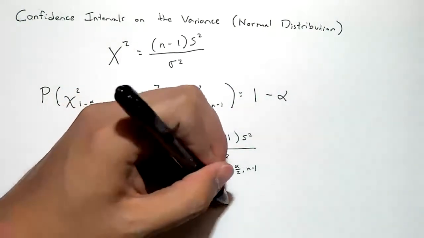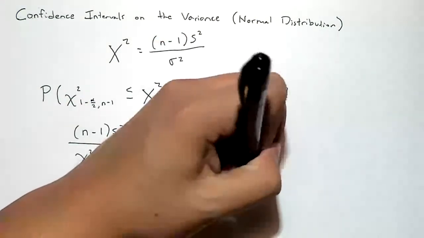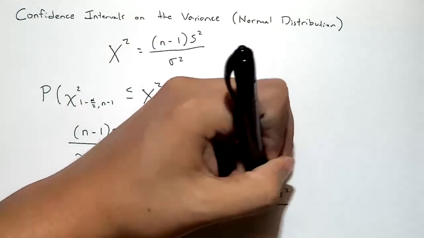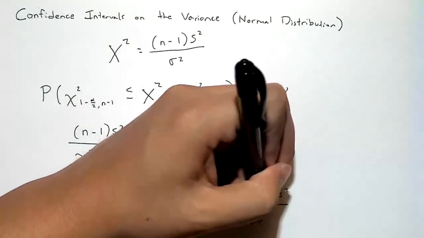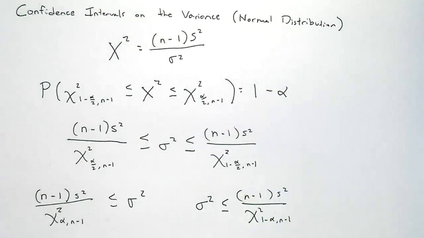Or we can also say that my variance is at most, in this case. The previous will be at least. In this case, at most the degrees of freedom times the sample variance, divided by my chi-squared value of 1 minus alpha for n minus 1 degrees of freedom.